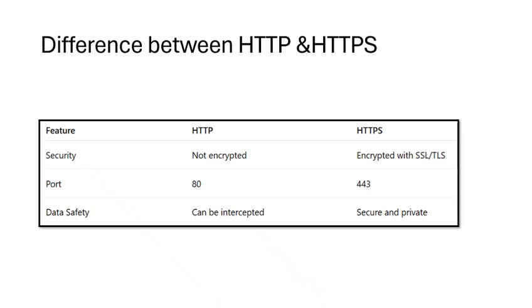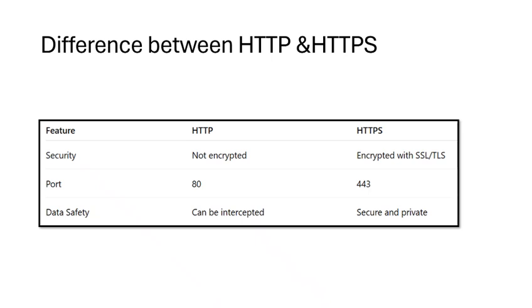It is not encrypted or decrypted. Whereas in HTTPS, the data is encrypted using SSL and/or TLS. So in terms of data protection, HTTPS is highly secure. When it comes to speed, HTTP is slightly faster because no encryption is needed, whereas HTTPS is slightly slower because encryption takes place.